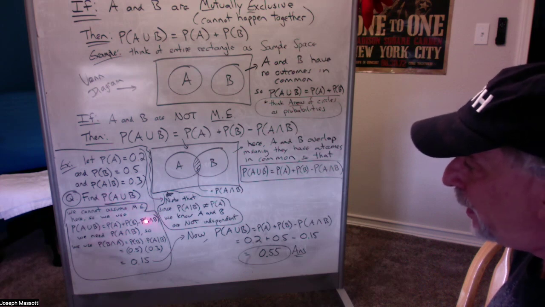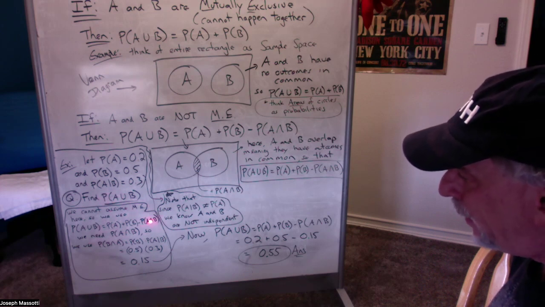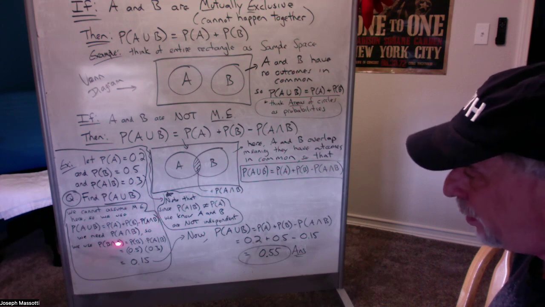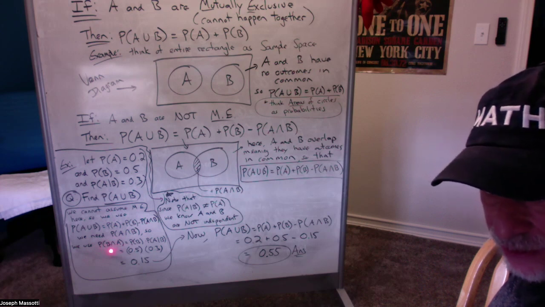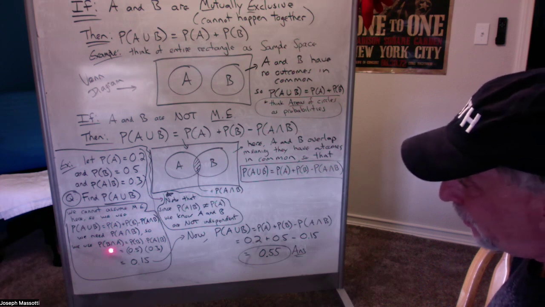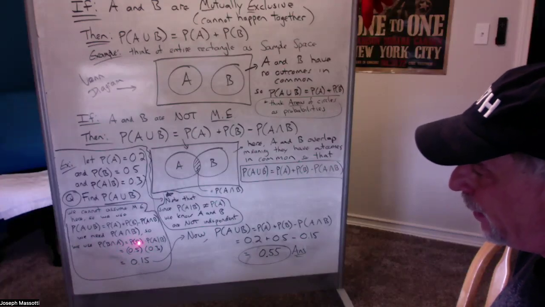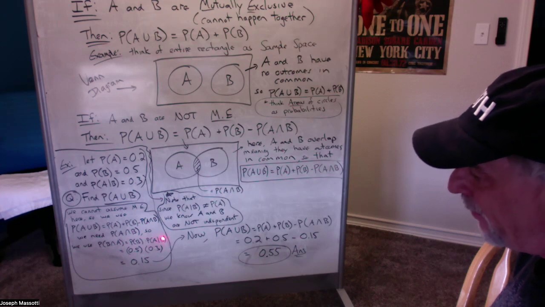I want the probability of A and B, but I'm not given the formula in this order, so I have to use this order, which we talked about in our last video. If I take the probability of B and A, now I have all the information I need: the probability of the first event, B, times the probability of A given B. I was given that value. Now I have everything I need.